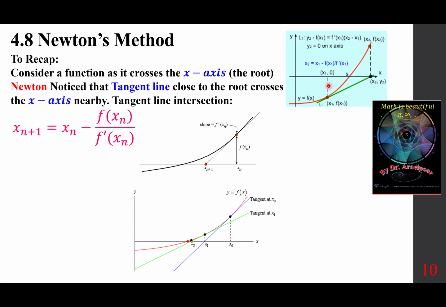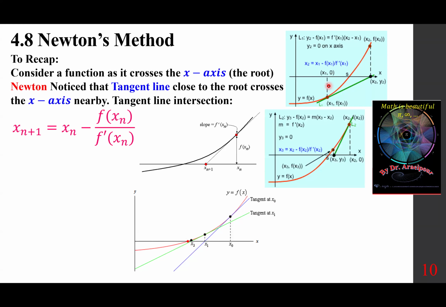Again, we are repeating with different pictures to make it easy to understand. Take a look. The tangent line crosses here. Now over here, you draw a tangent line. Take a look at the second tangent line. The second tangent line has a root that is much closer to what we are looking for.